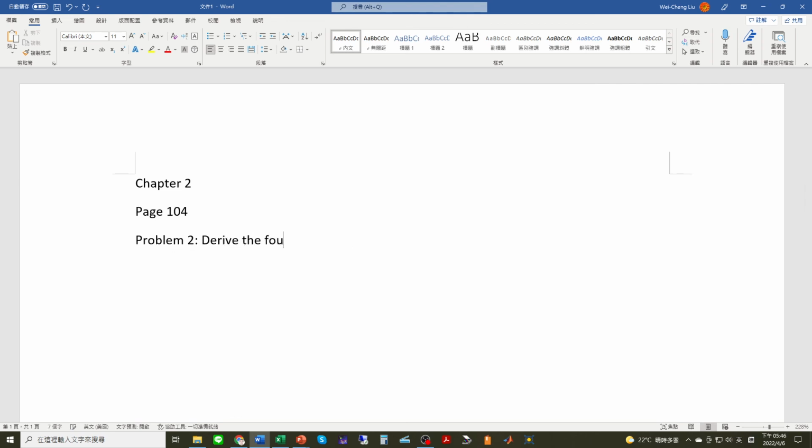Derive the fourth equality in equation 2.32. This is problem 2. And this is the solution.